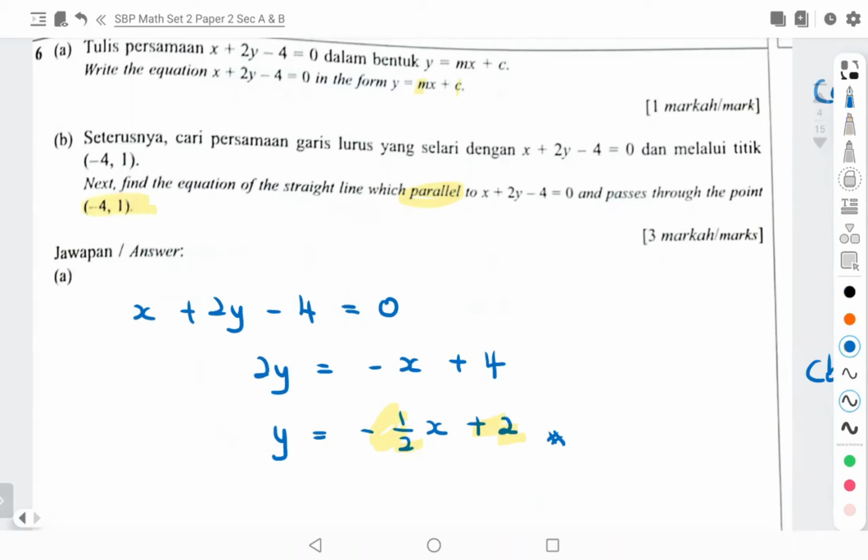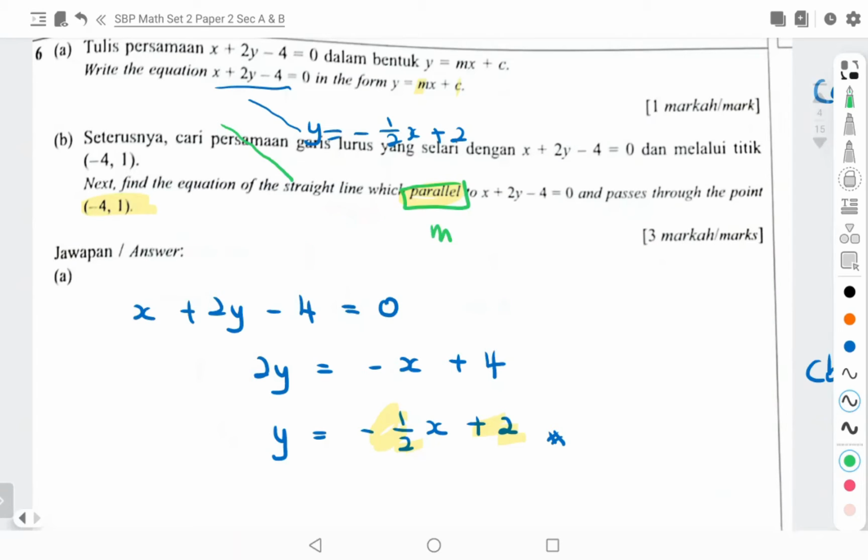So assuming this line is going downwards, the equation is y equal to negative 1 over 2 x plus 2. And you need to find another straight line equation which is moving in the same direction. So this is the keyword. When you see parallel, meaning they will share the same gradient.